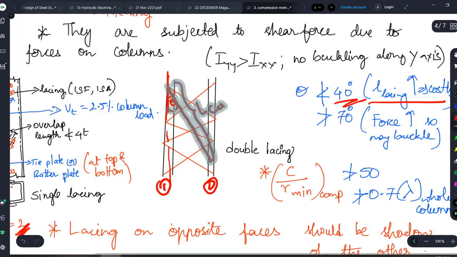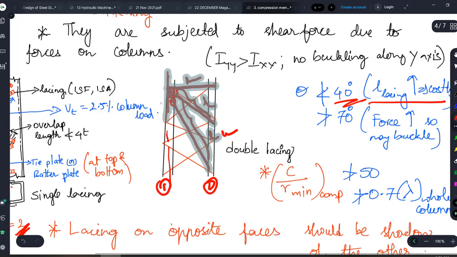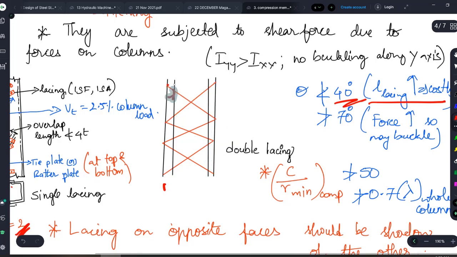Whereas if your theta is higher, see, what is the minimum length of the lacing? When it is perpendicular, right? When it is perpendicular, this will be the minimum length. But if the angle is somewhere in between, the length will be considerable. But if the angle is very less, the length will be very much more. So we have come to the conclusion as per the code book itself. We do not need to take any trouble.